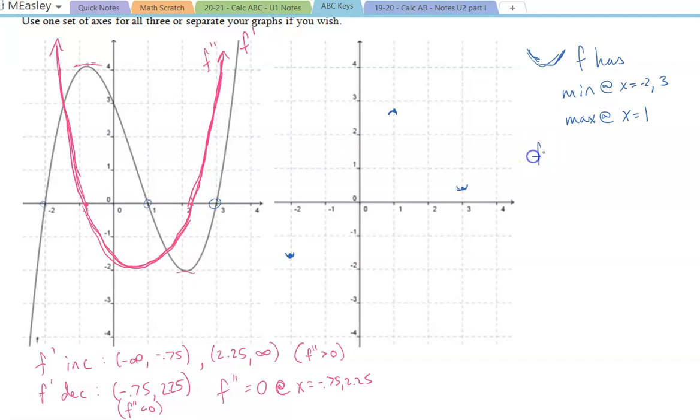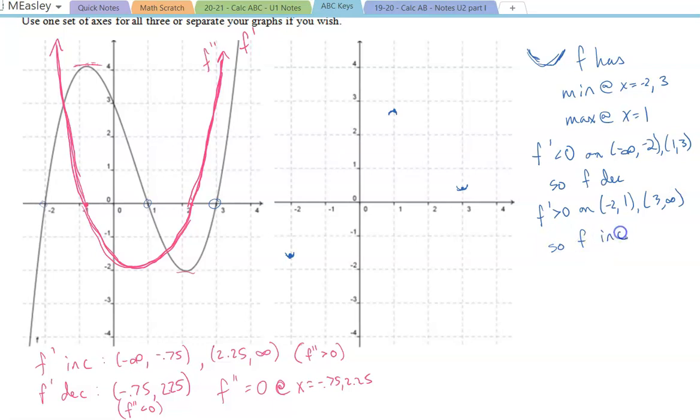So f prime is negative on -infinity to -2, and again on 1 to 3. Okay, so f is decreasing, and then f prime is positive on -2 to 1, and again from 3 to infinity.